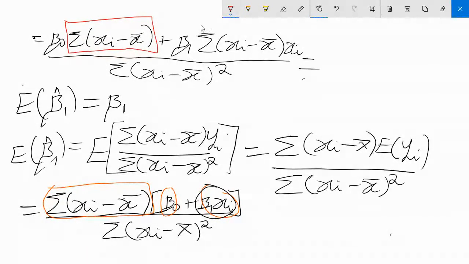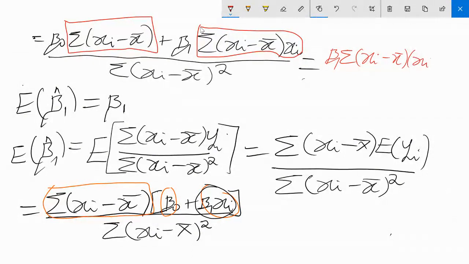And what is this? It's the same as the denominator, because of what we did here. We have beta 1 summation of xi minus x bar times xi.